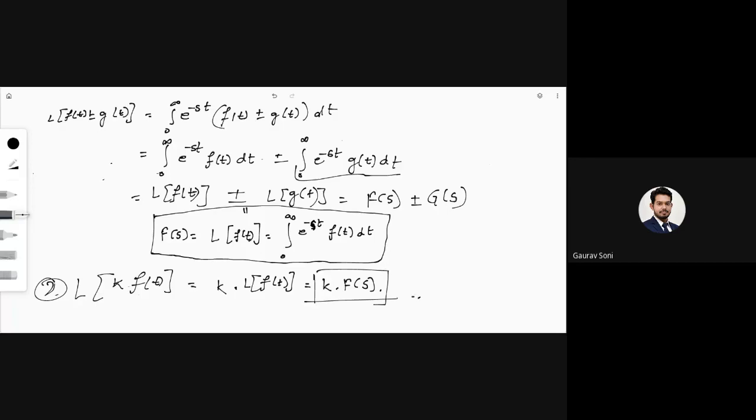So two very basic things. One, the Laplace transform separates over addition and subtraction. Second, a constant number k, when it is multiplied, can come outside the Laplace operator.